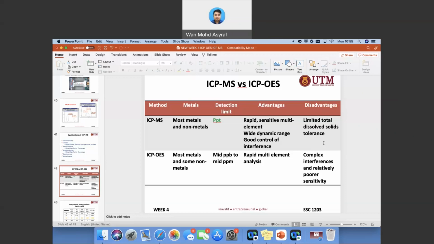For ICP-OES, complex interferences would reduce the sensitivity as compared. AAS, or AES flame photometer, is much more rugged when it comes to complex interferences. All right.